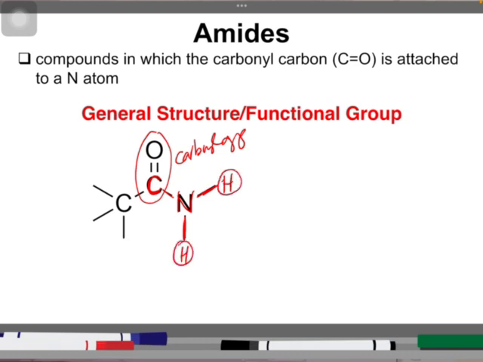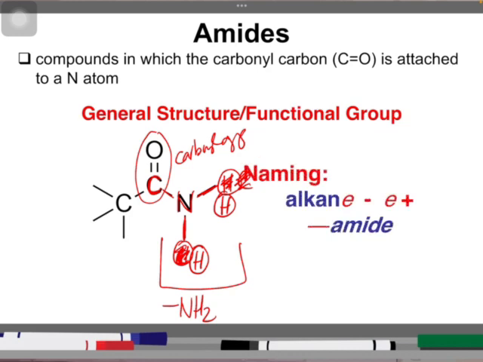So, for our discussion na lang, we'll just assume na yung nailagay dito ay puro H. So, this part is parang NH2, parang naglagay ka ng amino group sa carbonyl group. So, paano ng name niya? Again, you try to give the name of the parent alkane. You drop the E, and then you attach the word amide. So, magiging alkanamide siya.